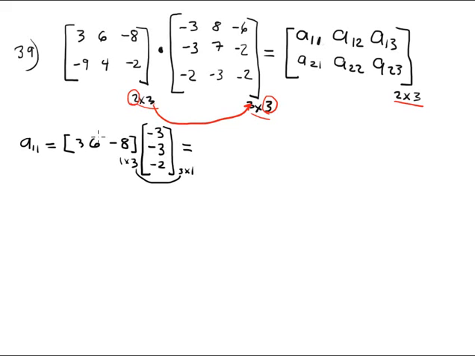So you multiply like that. 3 times negative 3 is negative 9, 6 times negative 3 is negative 18, negative 8 times negative 2 is positive 16. The answer in this case is negative 27 plus 16, which is negative 11.